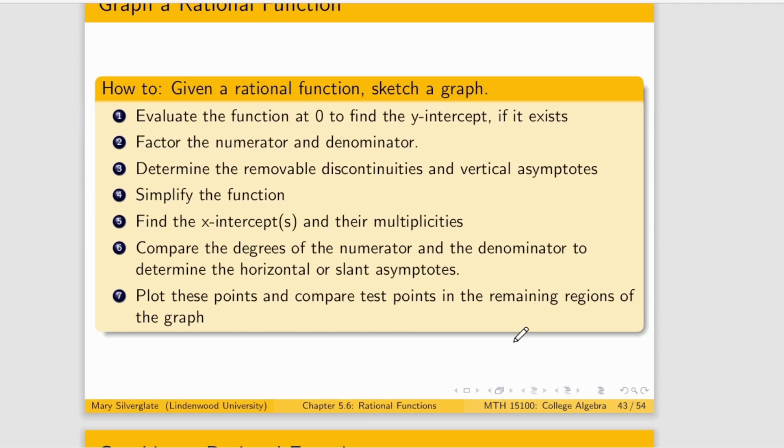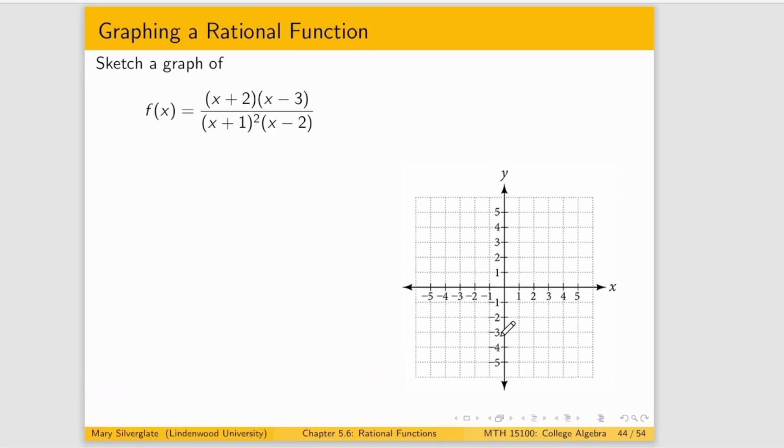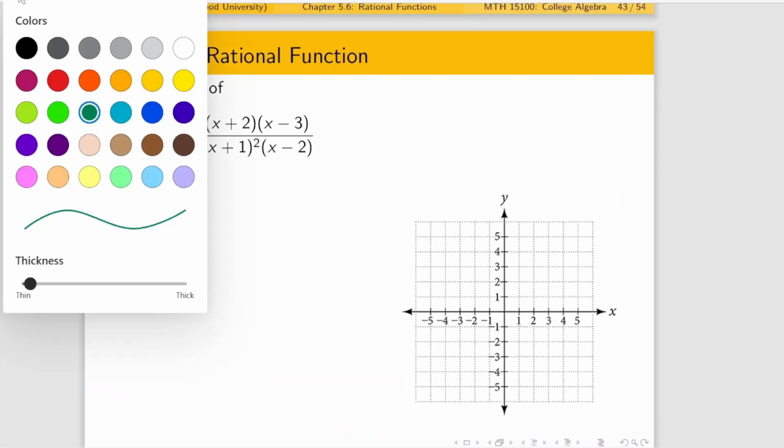So in order to sketch the graph, you basically have to find all of the information we just found. You have to find the y-intercept, find out who's a removable discontinuity, who's a vertical asymptote, find the x-intercepts, and then try to plot and see how the function overall looks. So let's take a look at an example here.